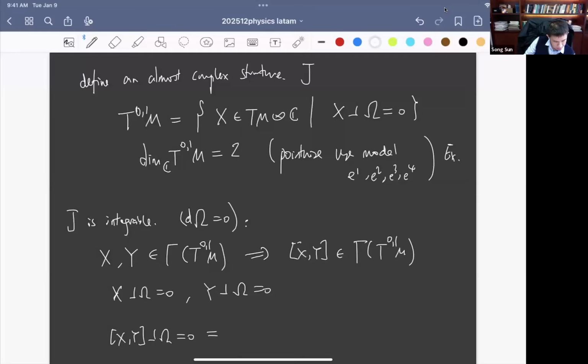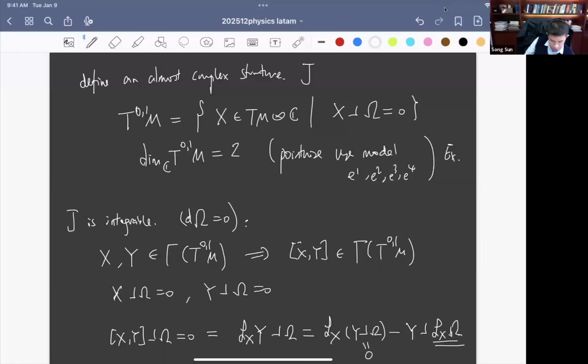But this is just some simple algebraic manipulation. The bracket of X, Y contract omega is X contract the derivative of Y contract omega, minus Y contract the derivative of X contract omega, so the derivative satisfies the Leibniz rule. The first term is 0, because Y contract omega is 0 everywhere.